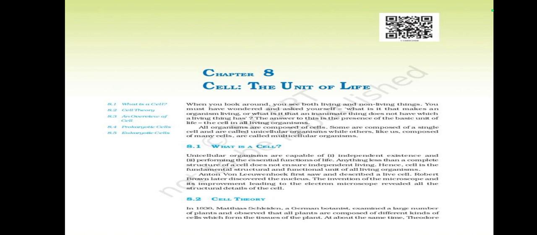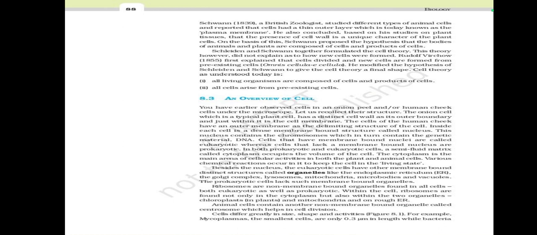At about the same time, Theodor Schwann, in 1839, a British zoologist, studied different types of animal cells and reported that cells had a thin outer layer which is today known as the plasma membrane.